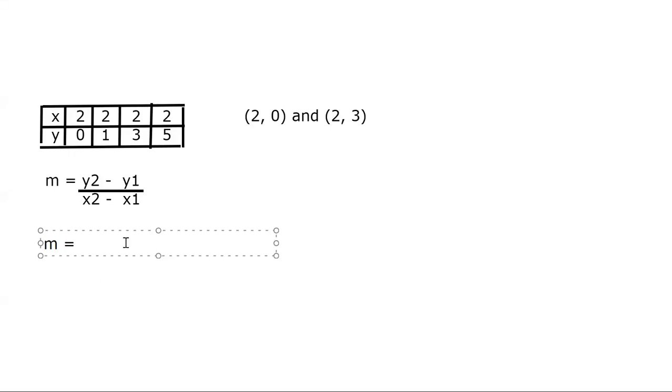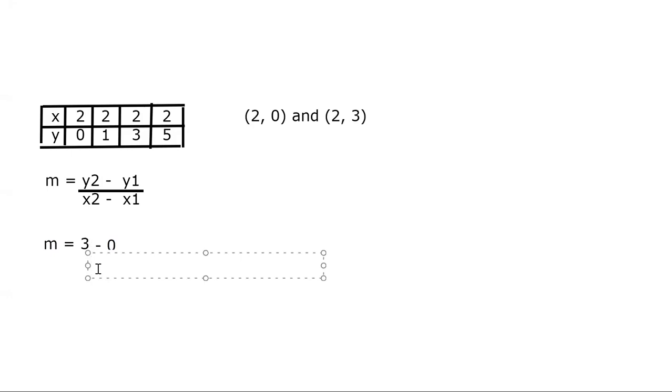So in this case, I have the values for y, 3 minus 0, right? 3 minus 0. I'm going to add the text in here. 3 minus 0.